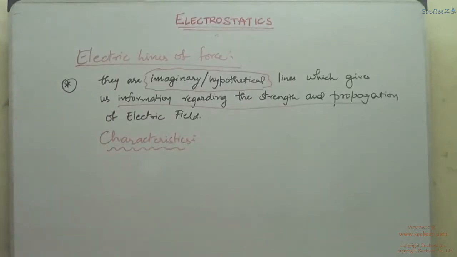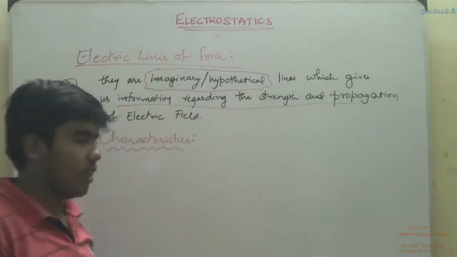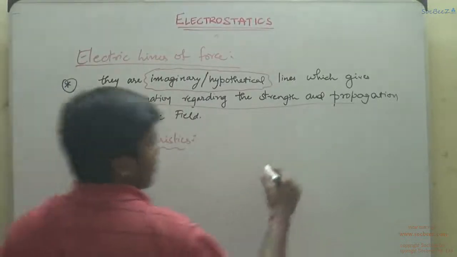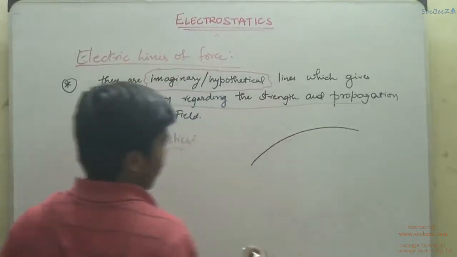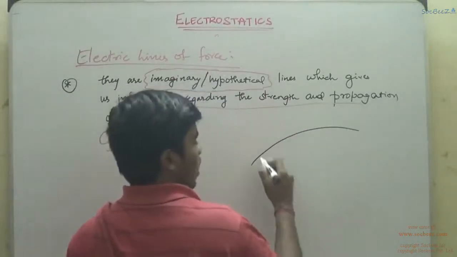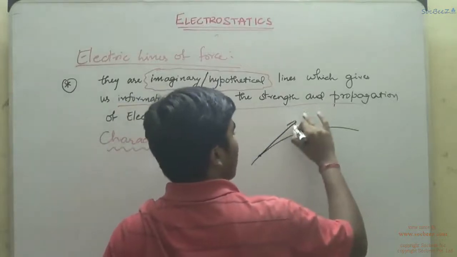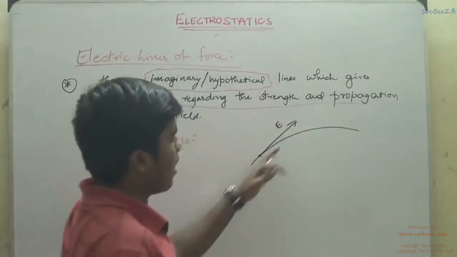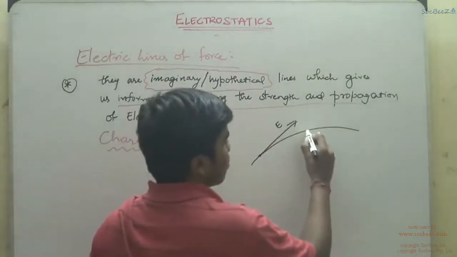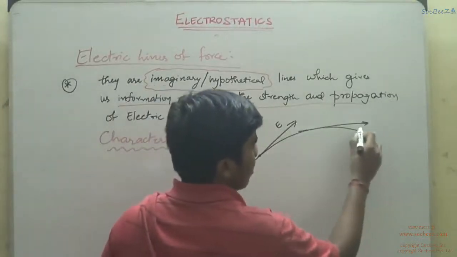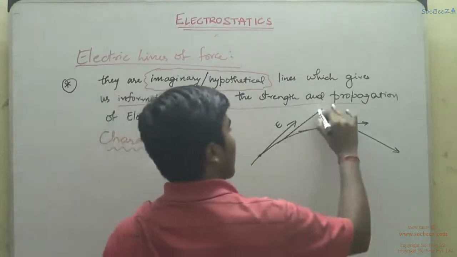First and foremost, say if someone says that the electric lines of force are in this way, what would it mean? It means that if you consider this point, the electric field at this point is in the direction tangent to this curve. The electric field here is in this direction, and here in this direction.